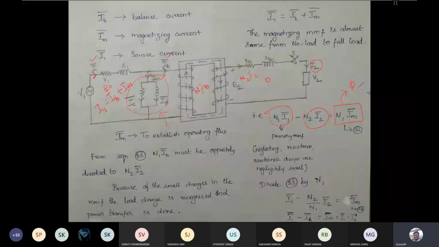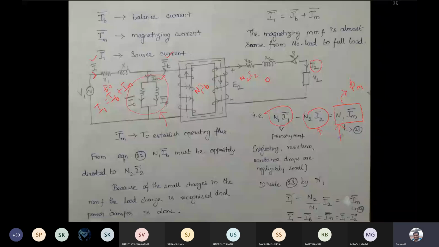This is related to the primary, this is related to the secondary. The difference in MMF will be equal to the MMF of this particular component. That's why this term almost remains constant irrespective of no load to full load.